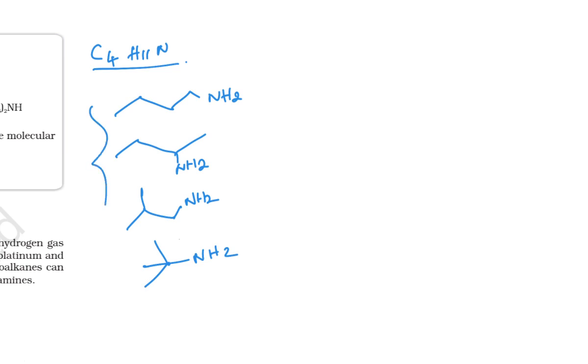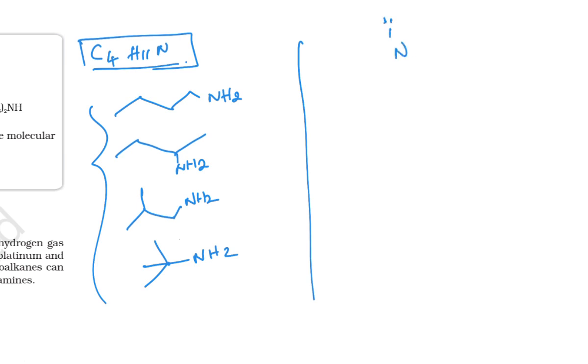Okay, clear? This is 4 isomers of this C4H11N. Then another 4 isomers like this. So your secondary amine, then again your secondary amine, then again your secondary amine.